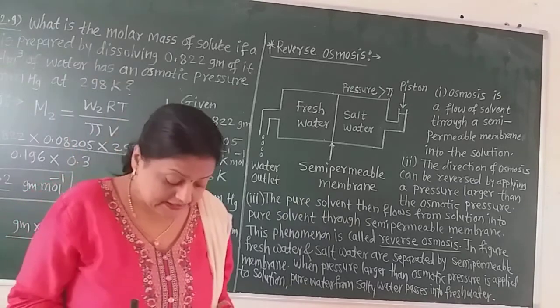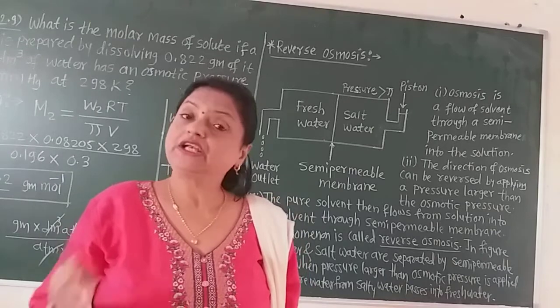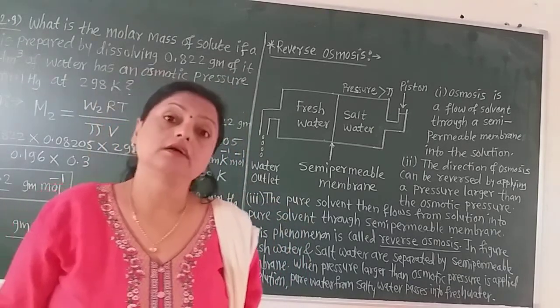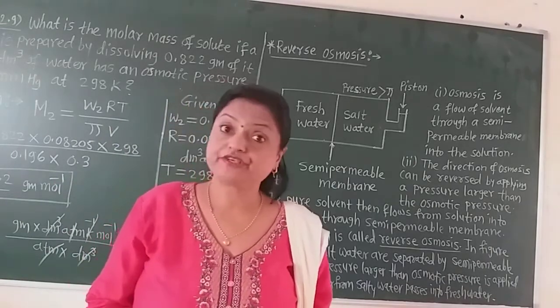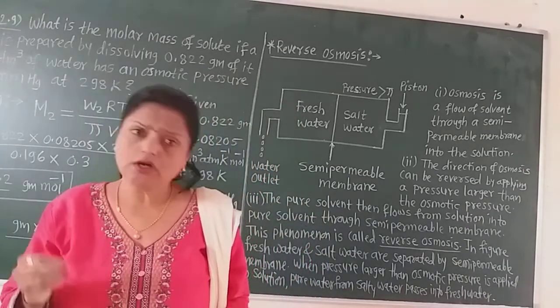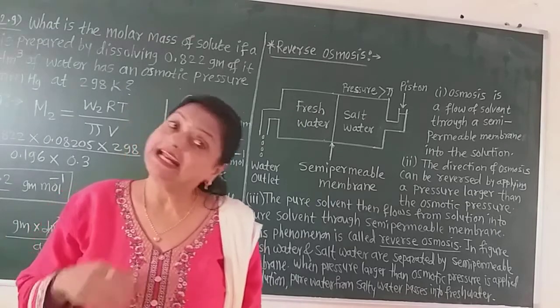Now let us learn the colligative property of electrolytes. We learned the colligative properties of non-electrolytes, that are elevation in boiling point, depression in freezing point, lowering of vapor pressure, and osmotic pressure. Now in short, we have to learn the colligative properties of electrolytes.